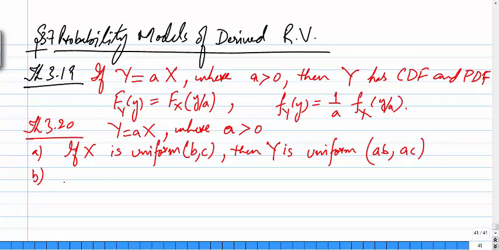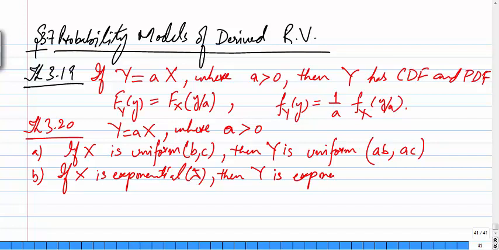Now B, if X is exponential, say lambda, then Y is exponential, that is lambda by a.